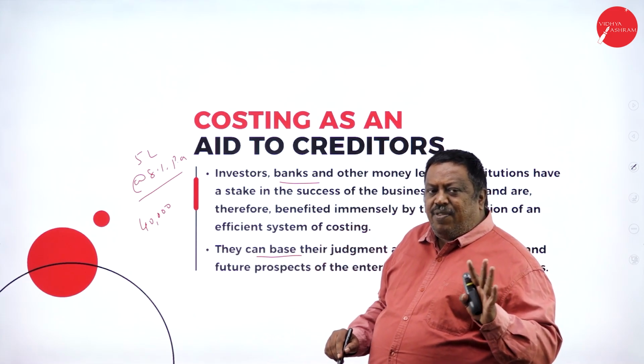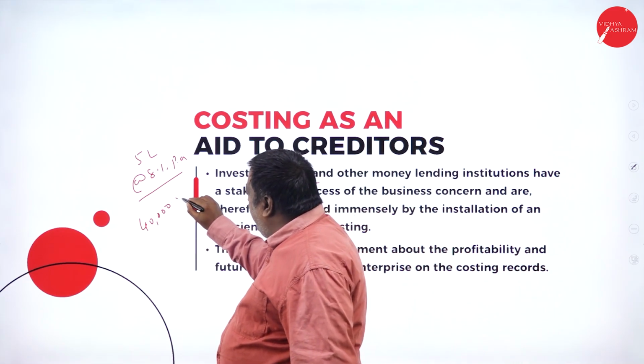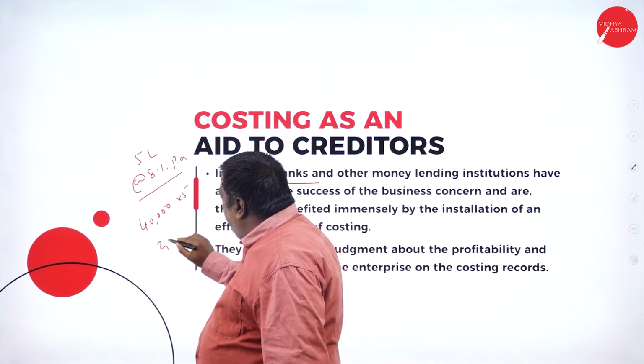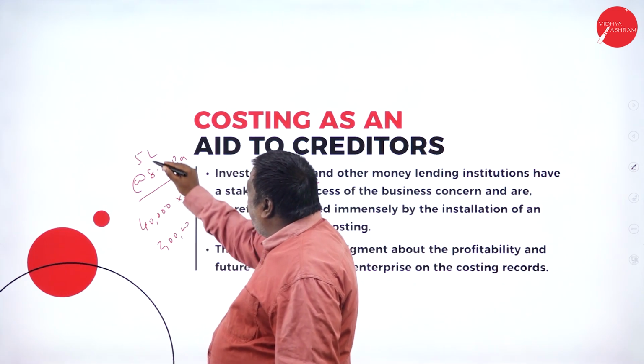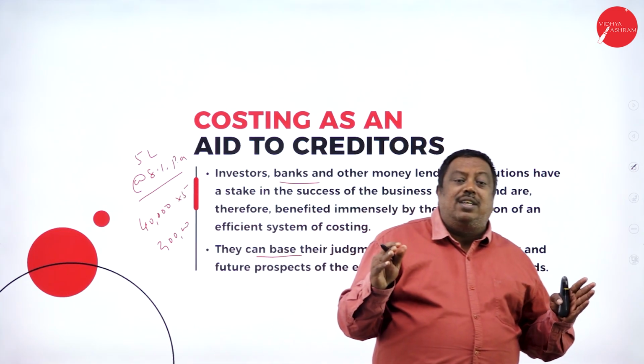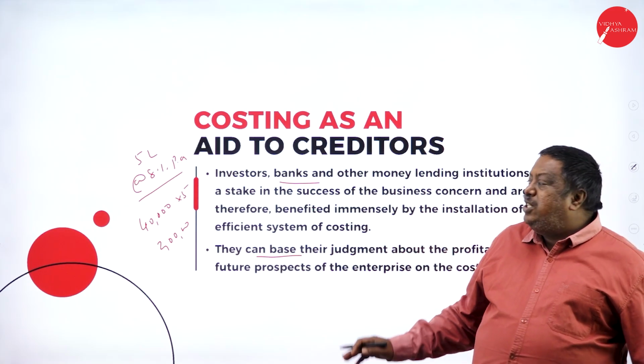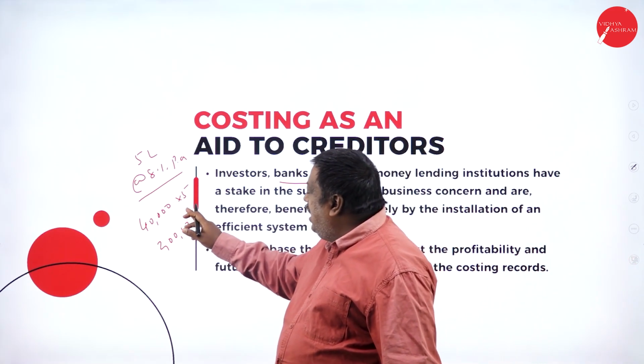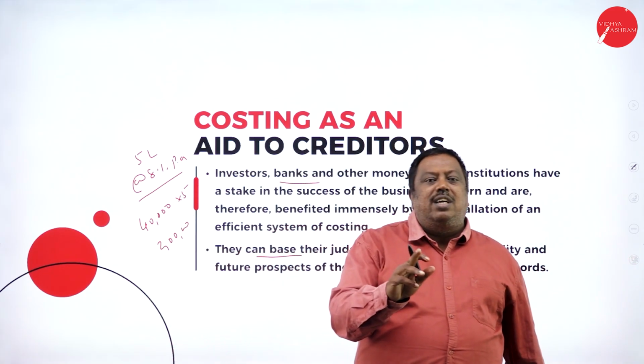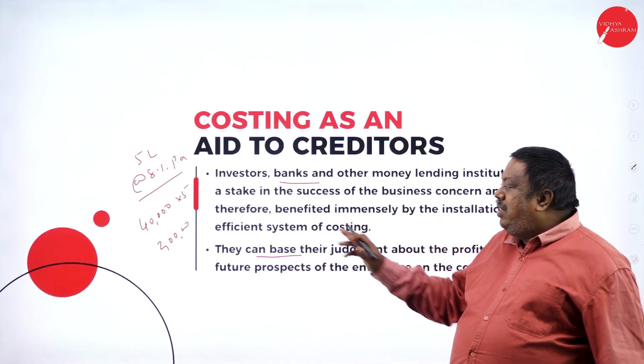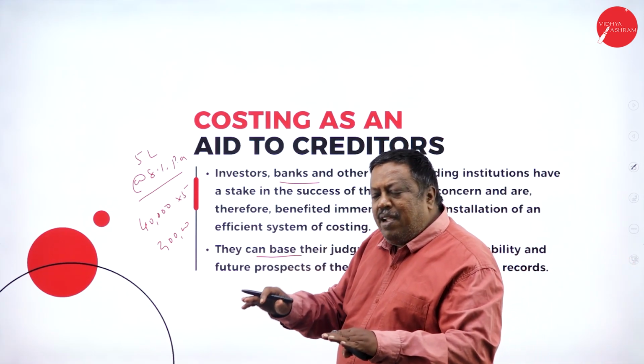For 5 years, my interest would be 2 lakhs. So 2 lakhs plus 5 lakhs, the total borrowing cost for me will be 7 lakhs instead of 5 lakhs, because I have to pay the interest on time and the full amount has to be paid. Then there will be a balance on the payment over here.